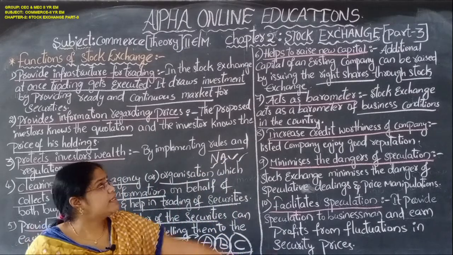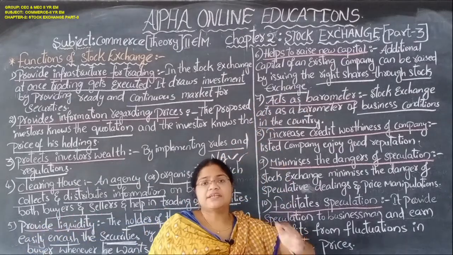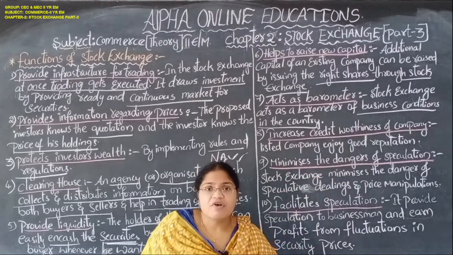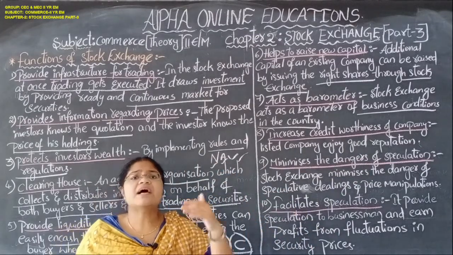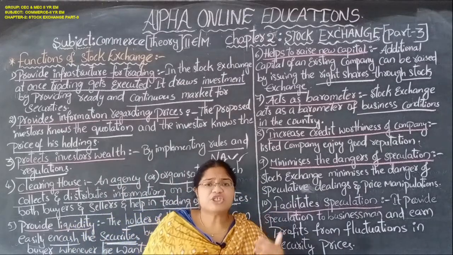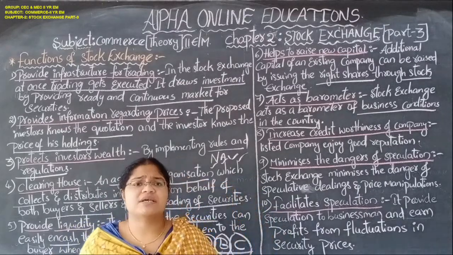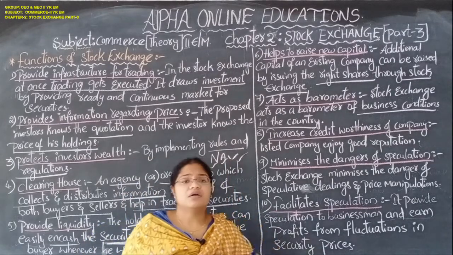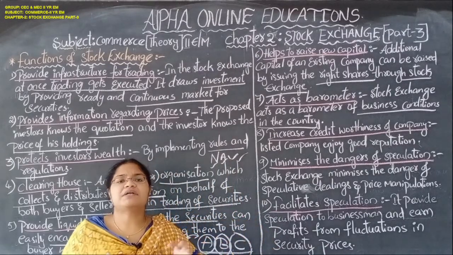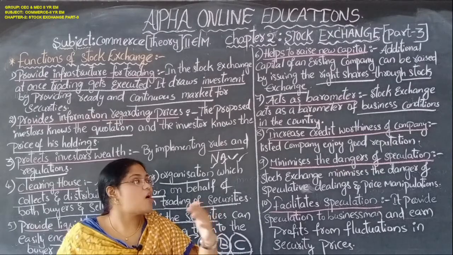Yes, it is issuing the right shares. It is raising the additional capital from the existing shareholders of the company, right? It is getting the additional shares by issuing the right shares or right issue to the existing shareholders of that particular company through the stock exchange.